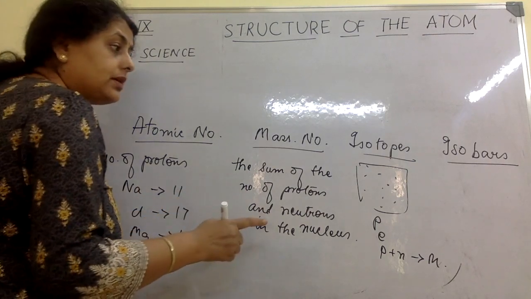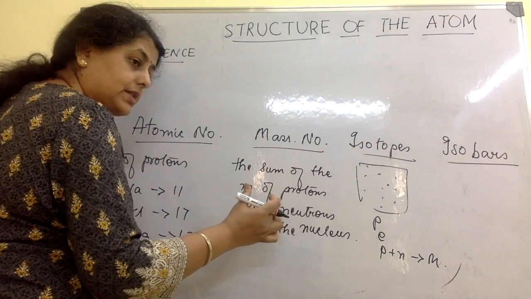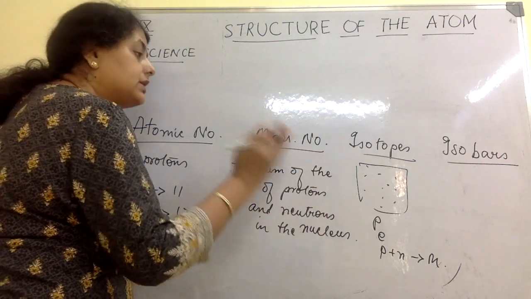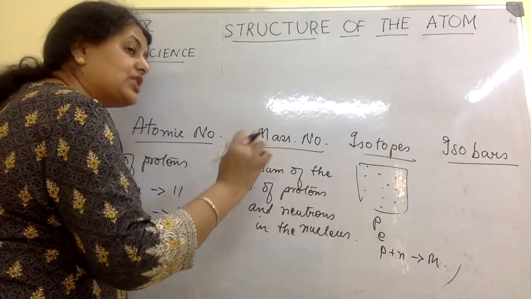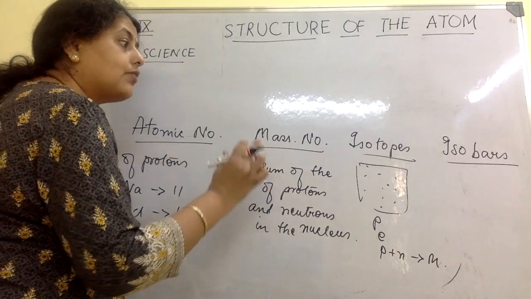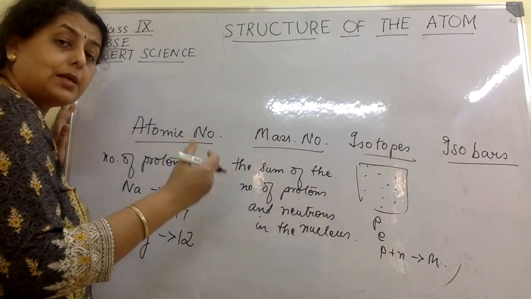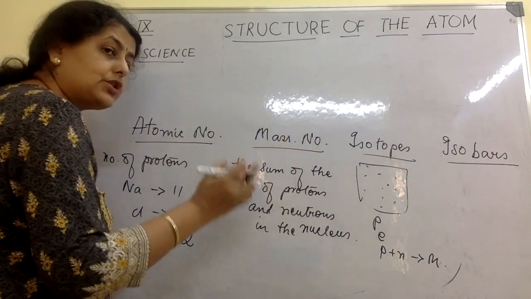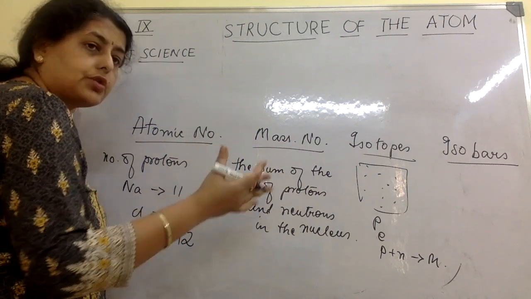Okay, so supposing I have chlorine here, few of the chlorines will have one kind of mass number, another few will have another kind. Now remember, whenever this happens, these two chlorine atoms are called isotopes of one another. And what happens is, these isotopes are always found in a particular ratio. Okay, so if I am talking about chlorine isotopes, they will be found in a particular ratio, but in a mixture form.